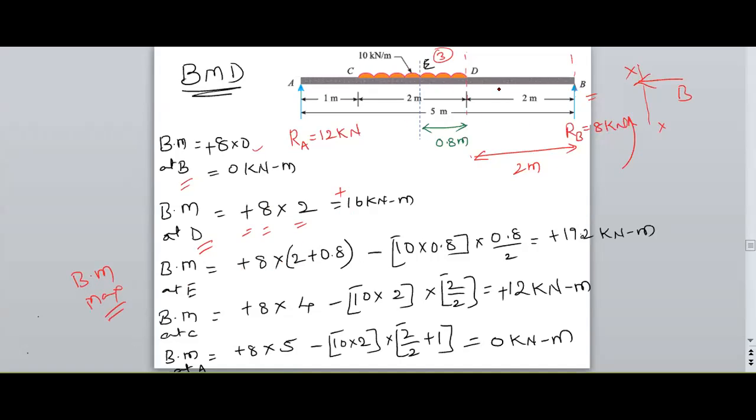Therefore, two forces are available here: one is RB and another is the UDL converted on my right hand side of E, that is capital W, 10 into X. This is the X value from D to E, whose value is 0.8. Therefore, I need the distance from E to this point load.